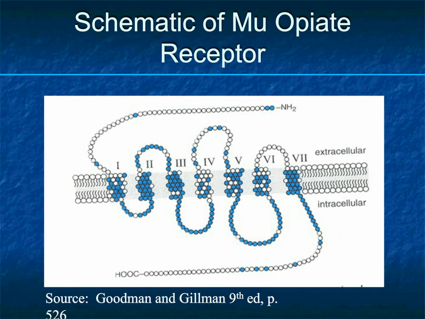I'm putting this pretty complicated, busy slide in just so you get the idea that there is more than one little part. It's not an on and off switch. It's a very complicated type of receptor that can be affected by several things at one time, and certain things can affect it more than others and in different ways. So it isn't one size fits all.